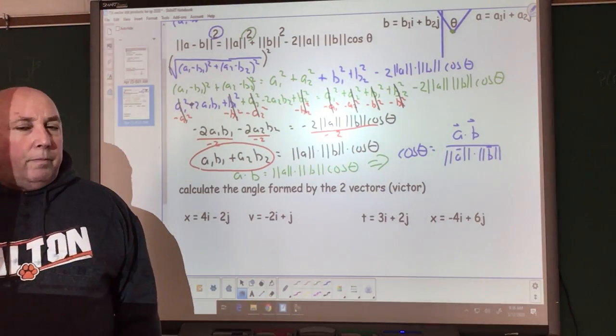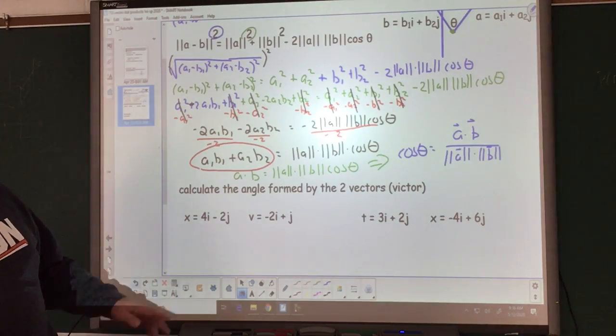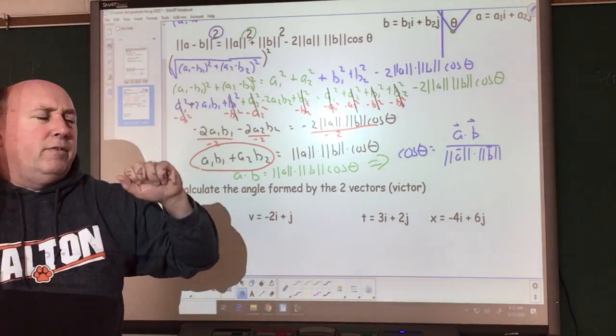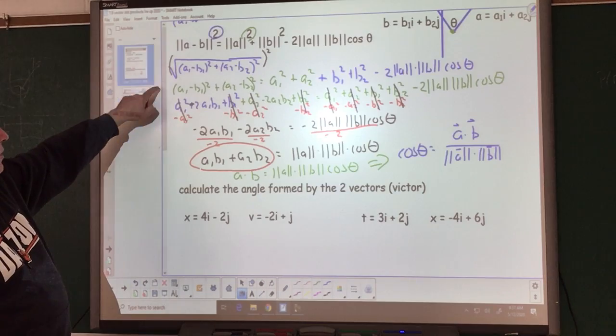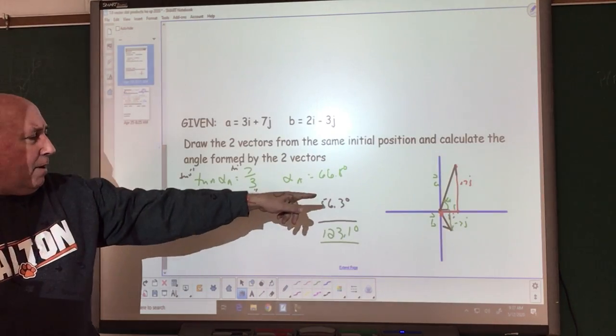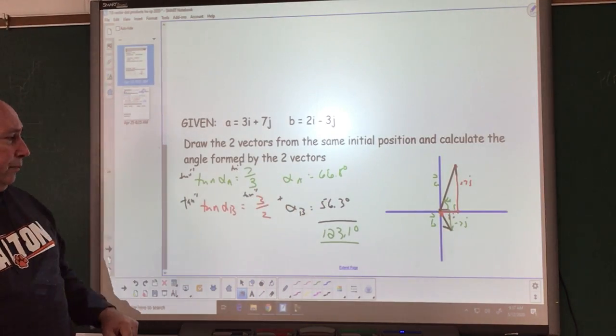So this will allow us to calculate the angle formed by two vectors, and I don't have to sit there and draw a diagram out and figure out what the angle is.